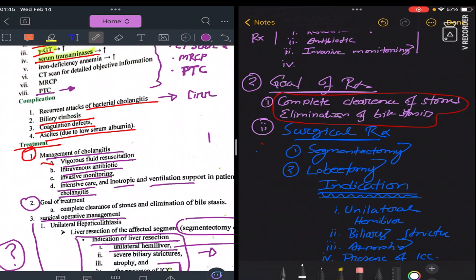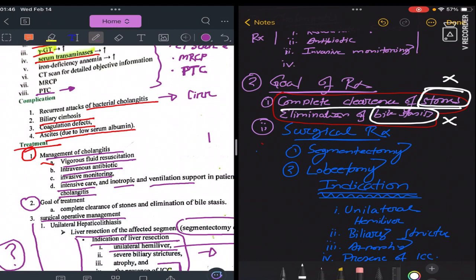So it depends on two things: complete clearance of stones, and elimination of bile stasis. So we have to remove these two factors, one is stones and another is bile stasis.